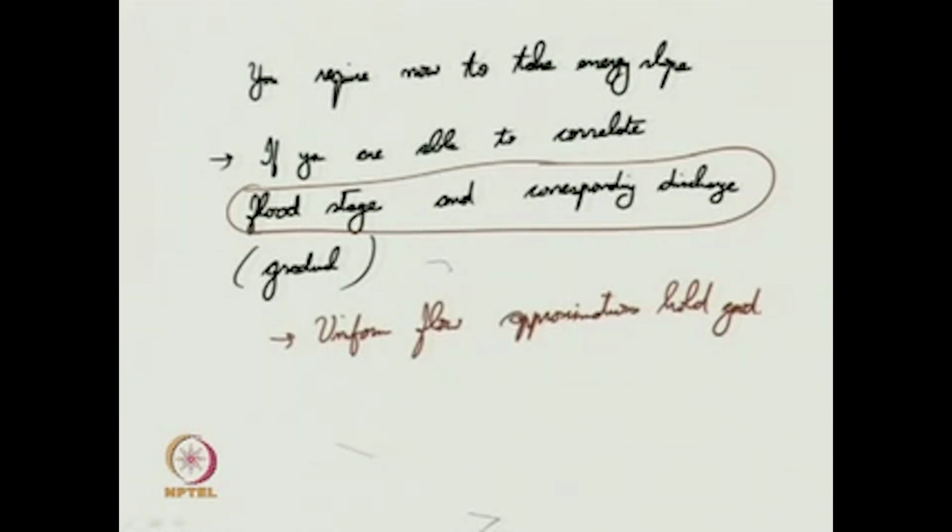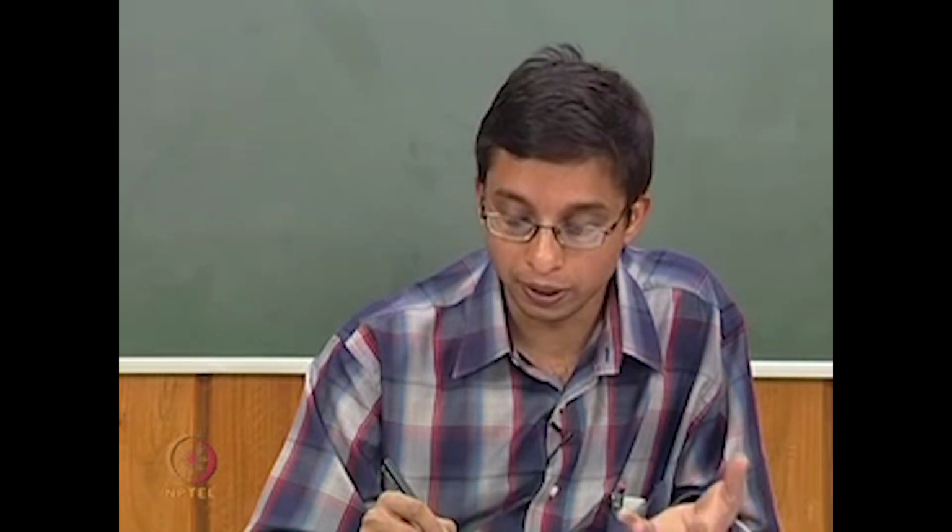So, what are some of the methods which you can use? Mostly, when there is a gradual change in the flood discharge with respect to the stage of the flood, you are required to have a historical note on flood marks in the channel.